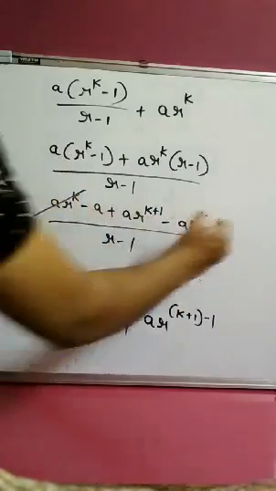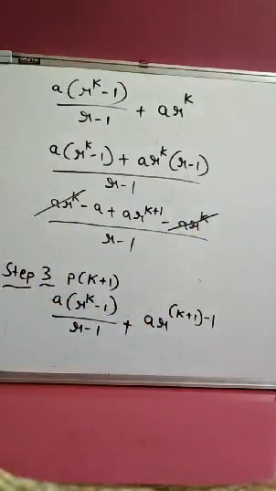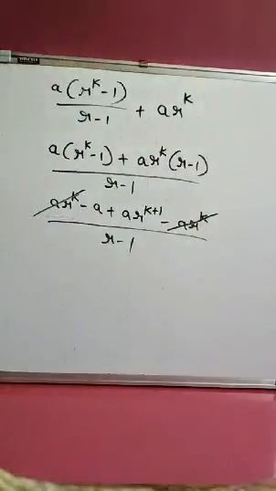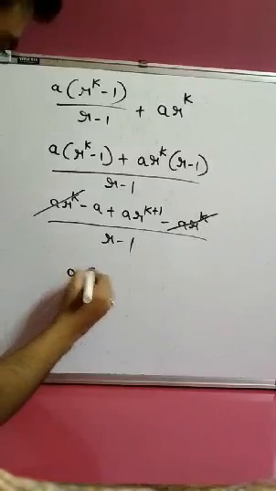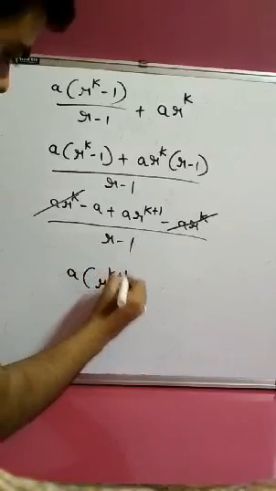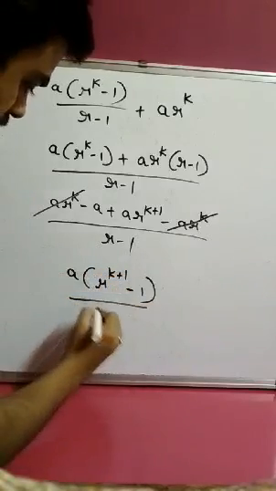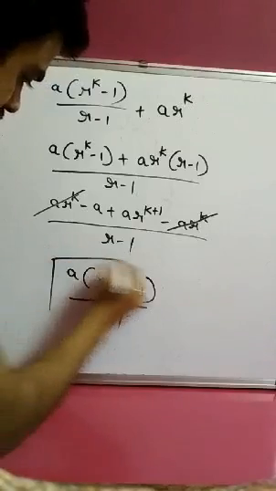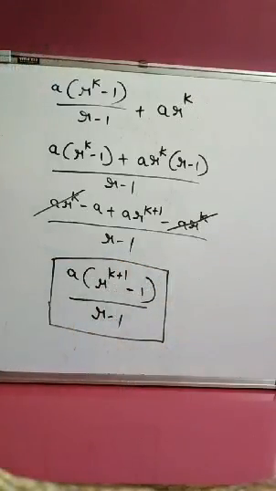So a into r raised to k, a into r raised to k cancel. So our answer, a common, r raised to k plus 1 minus 1 upon r minus 1. Therefore P of k plus 1 is true whenever P of k is true. So here our answer number 12 completed.